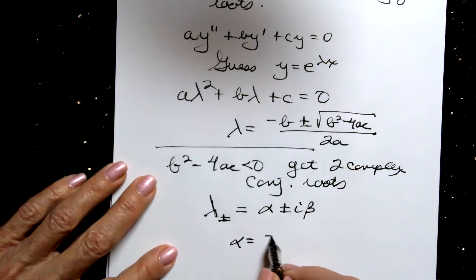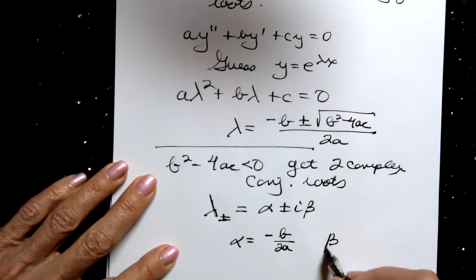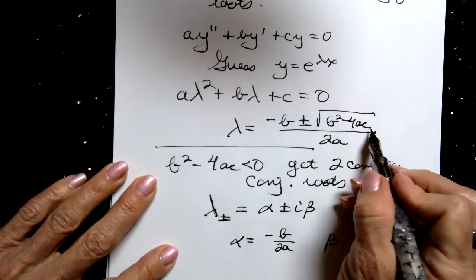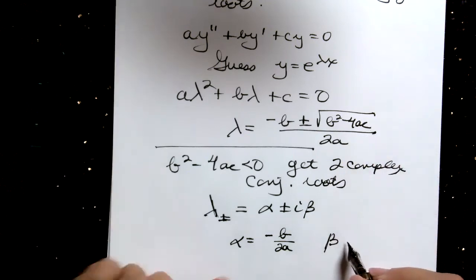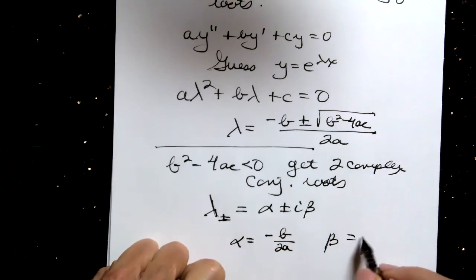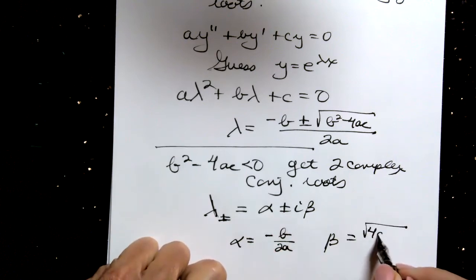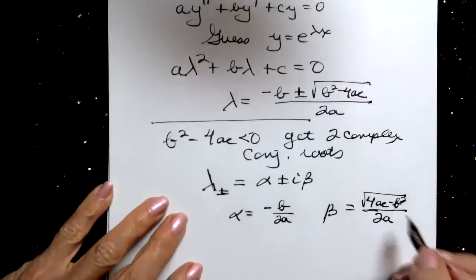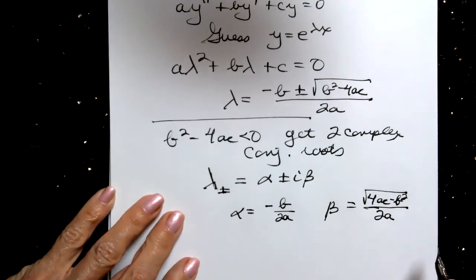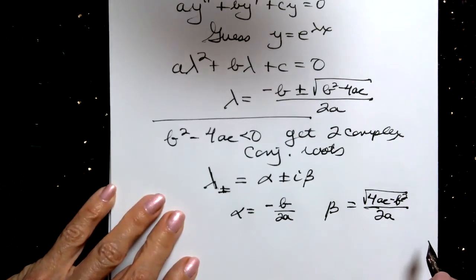Alpha is equal to minus b over 2a, and because b squared minus 4ac is negative, 4ac minus b squared is positive, so beta is the square root of 4ac minus b squared over 2a.